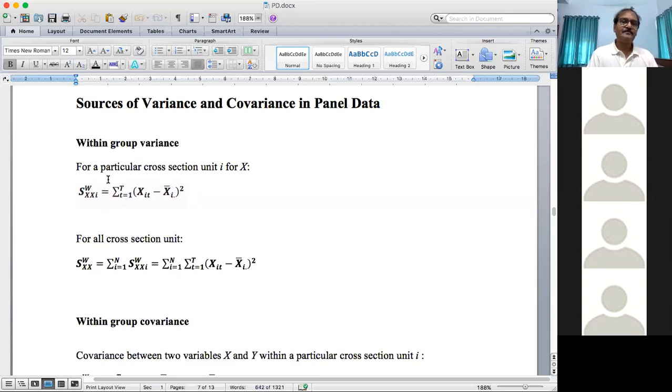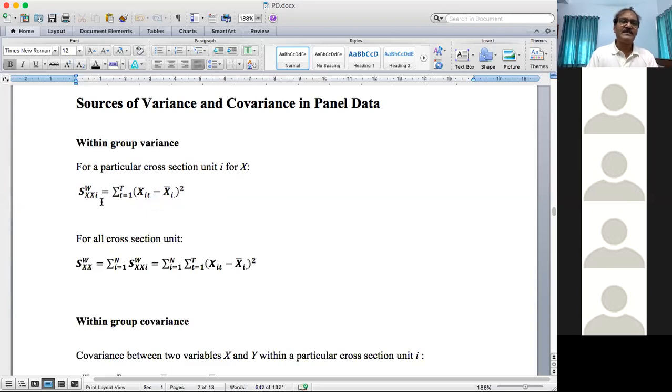So let us start with the within group variance. In your data, you have n cross-section units, so you have n groups. For a particular group i, or a particular cross-section unit i, you have information for several years. By utilizing the information for several years for a particular unit i, we can calculate the sum of squares of that variable by taking the sum over time for that unit i.